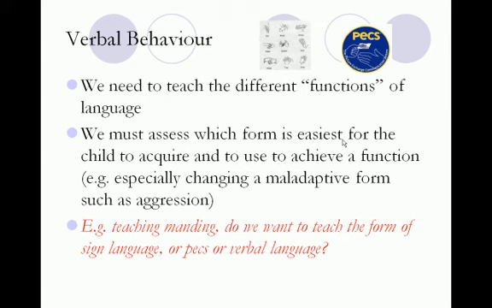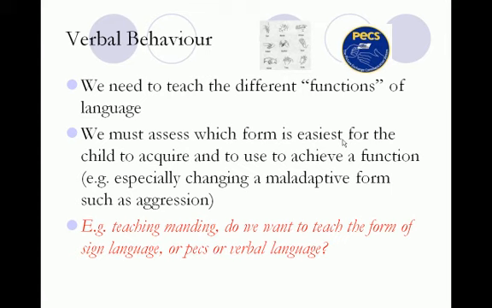We want to be cautious of belonging to, say, particular camps, like I'm a sign language person, or I'm a PECS person, or I only focus on verbal language. We want to remember that our choice should be based on what makes sense for that individual learner.